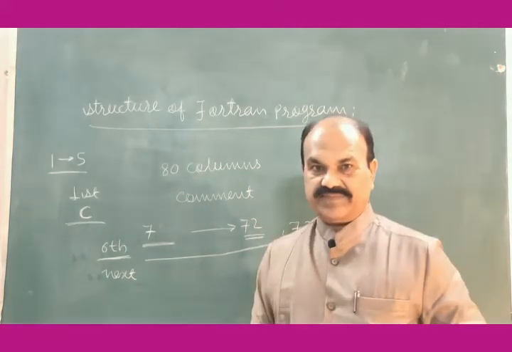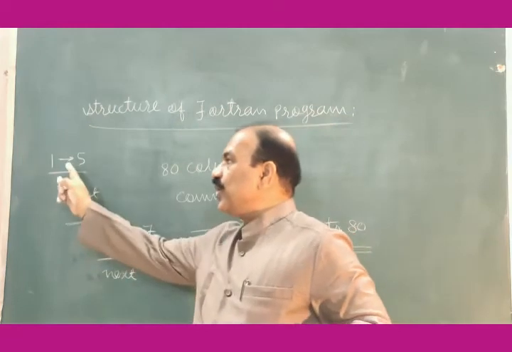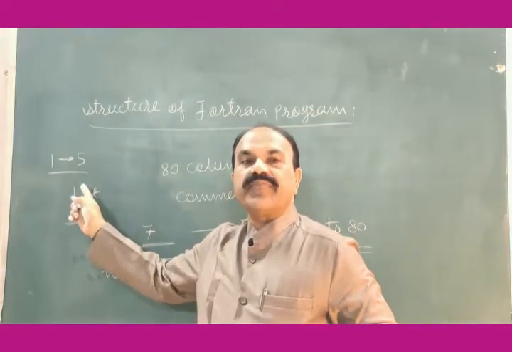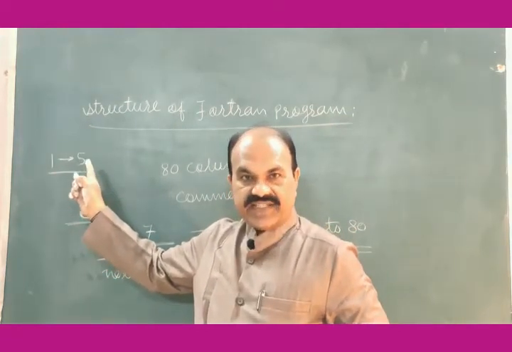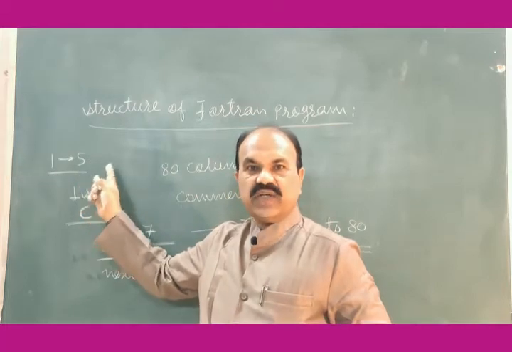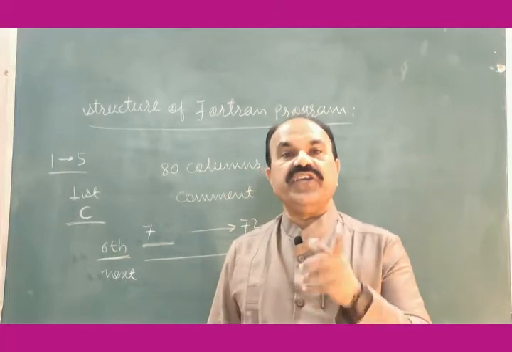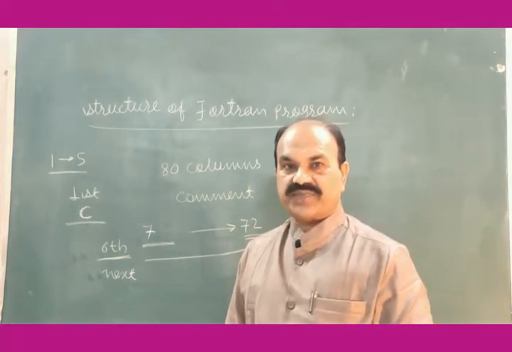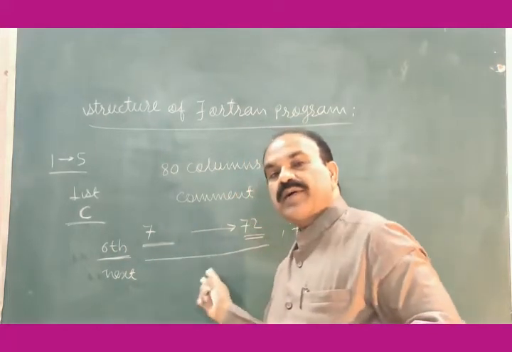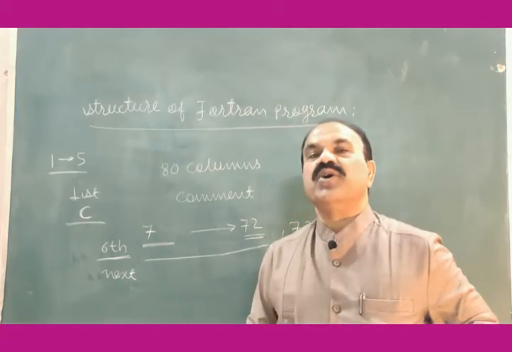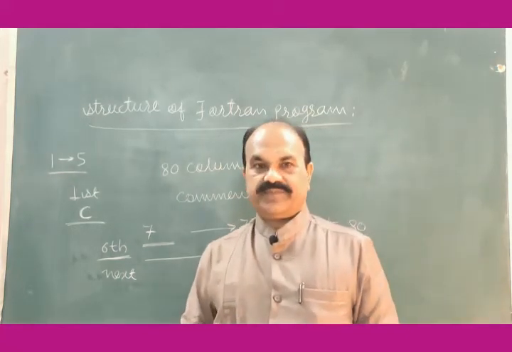One important thing: I said that columns 1 to 5 are used for giving numbers to the instructions or statements of a Fortran program.